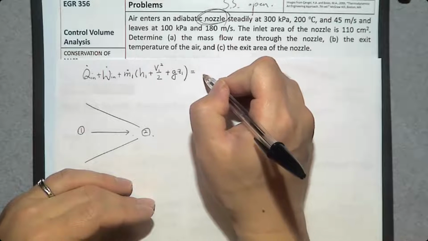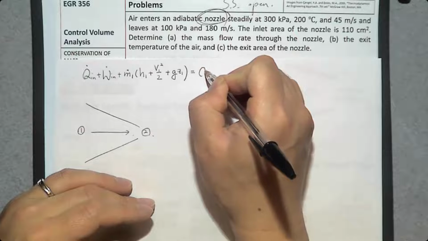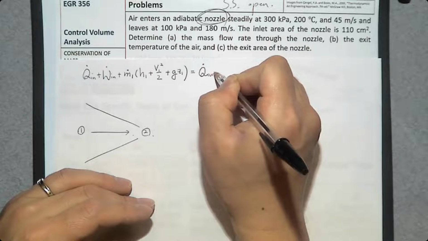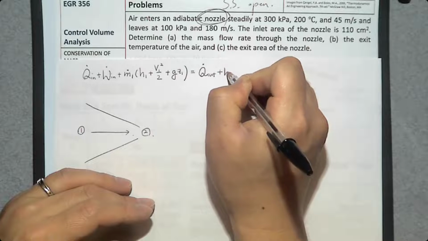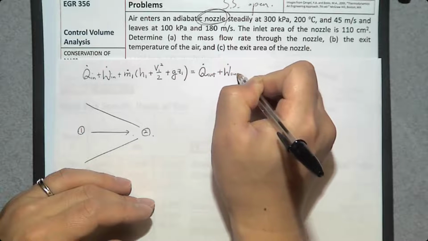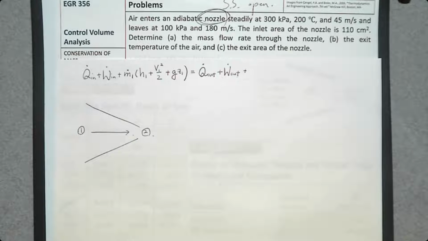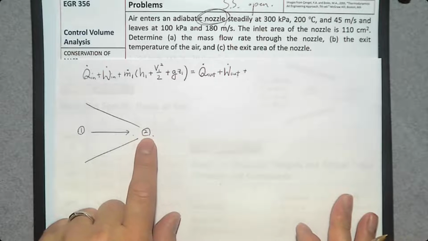is going to be the same as the energy transfer out of this control volume per time. So we can first consider the rate of heat transfer Q dot out, the rate of energy transfer by work, and the rate of energy transfer by mass at the exit number 2.